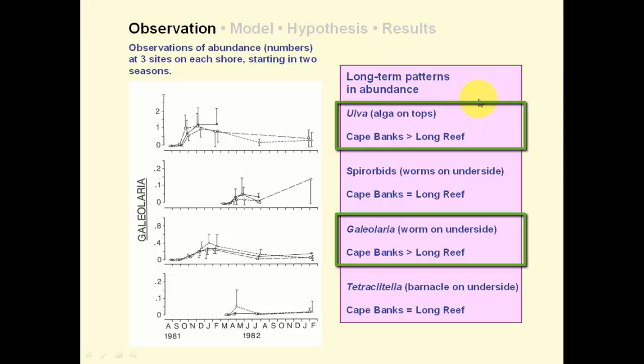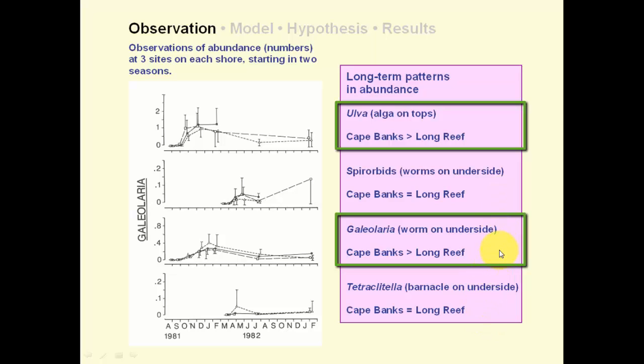So if I'm thinking in terms of the biology model testing process that is outlined in topic 1, what I've got here is a set of observations, a set of 4 observations about 4 different species of marine organisms. 2 of these observations are not especially interesting. They just say that there's no difference between the 2 rocky shores.